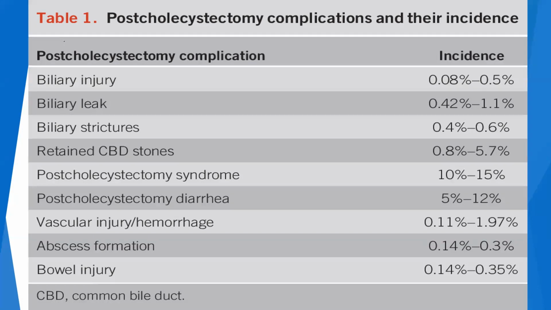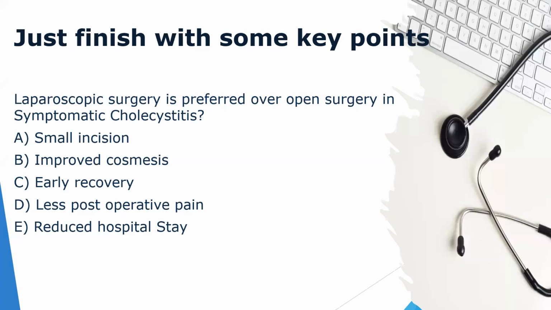So if we just finish with the key points of the laparoscopic, mainly the advantages: small incision, improved cosmesis, early recovery as compared to the open cholecystectomy, because in open cholecystectomy you need to give a large, muscle-cutting incision, and by the applying of the retractors during the surgery there is more pain later on. So there is less post-operative pain and reduced hospital stay in case of lab cholecystectomy.